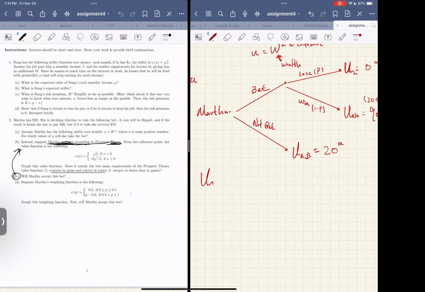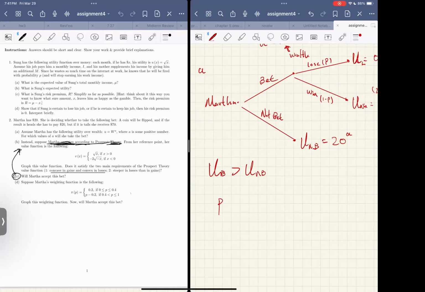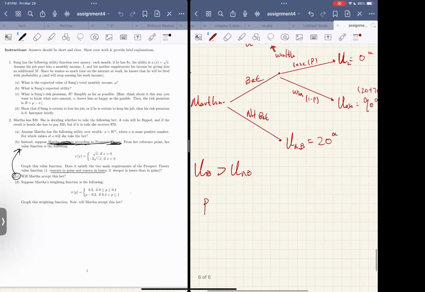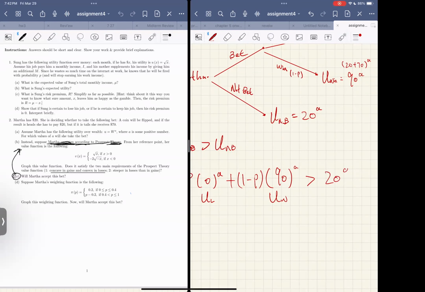So the utility of bet is greater than the utility of not bet. The utility of bet is the probability times the utility of lose, which is 0 to the A, plus 1 minus the probability times the utility of win, 90 to the A. And it's greater than 20 to the A, which is the utility of not bet.